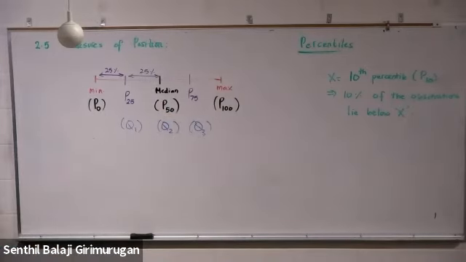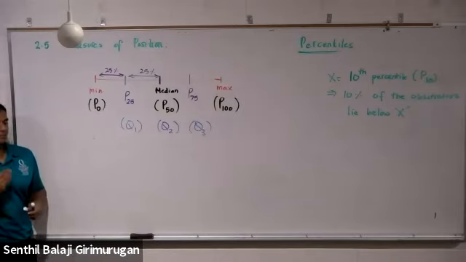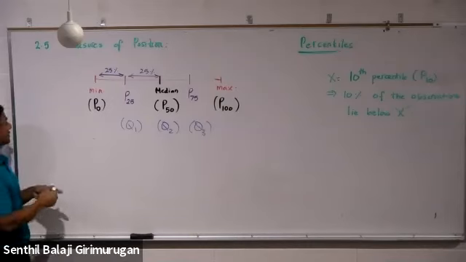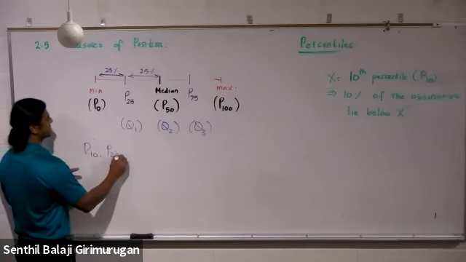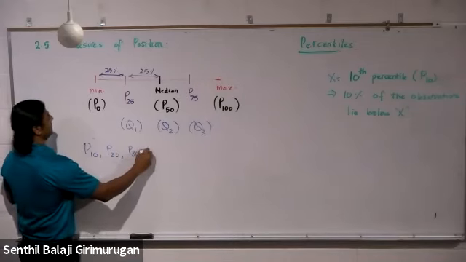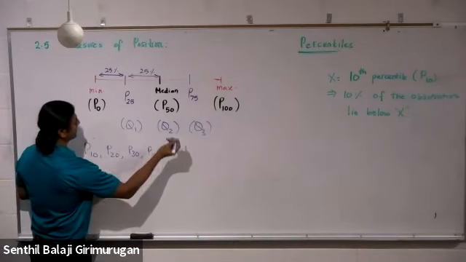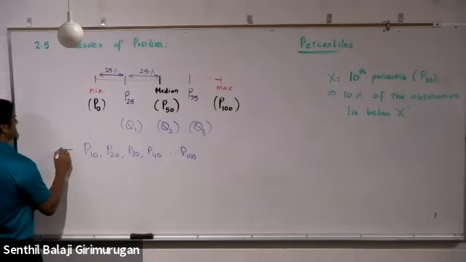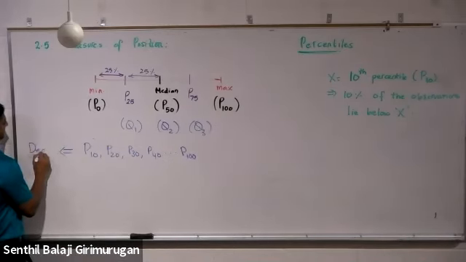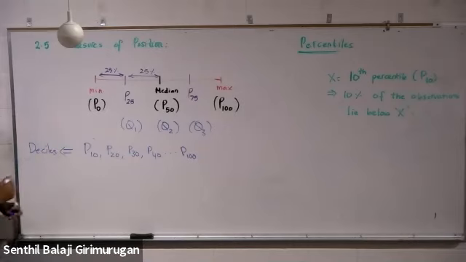We can also measure percentiles in steps of 10. In other words, P10, P20, P30, P40, all the way up to P100. So they are called deciles.